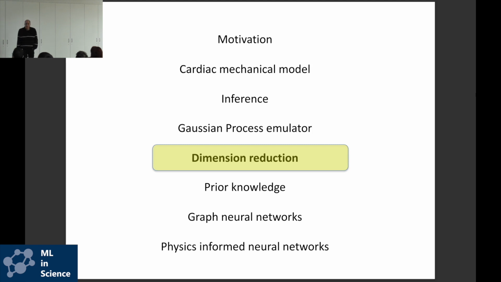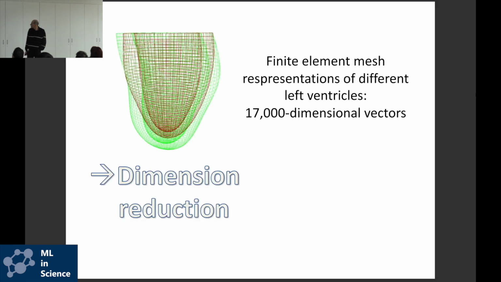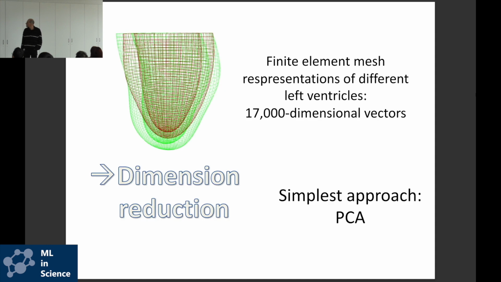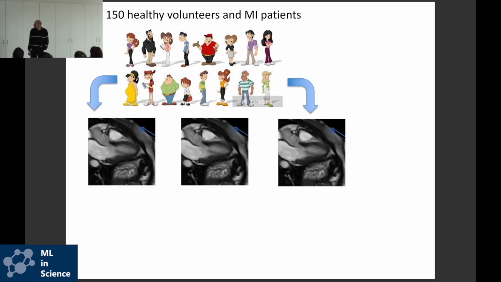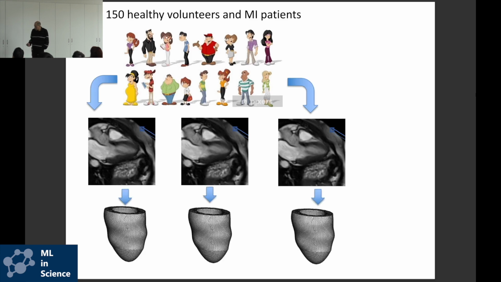And we started with the simplest approach, PCA. So you look at the population of, we had 150 volunteers and MI patients, myocardial infarction patients, so patients who had a heart attack. And then we take magnetic resonance image scans for each patient. And we extract the left ventricles from the magnetic resonance images. These are these high-dimensional, 17,000 dimensional vectors.